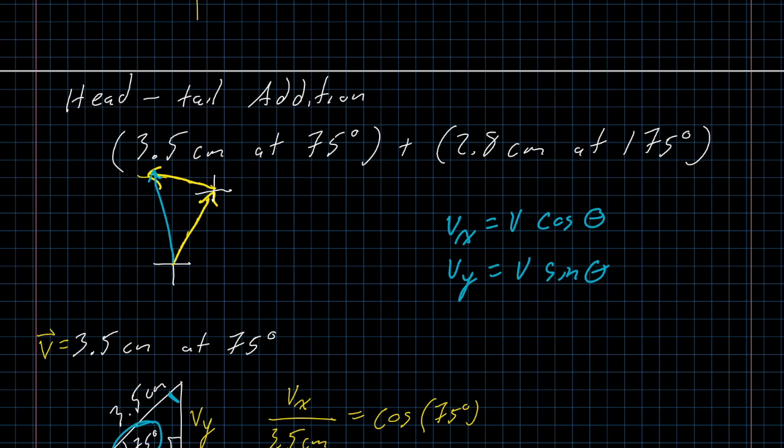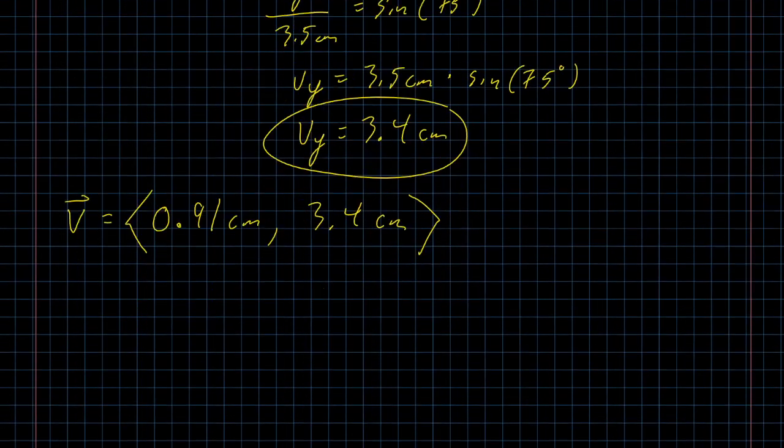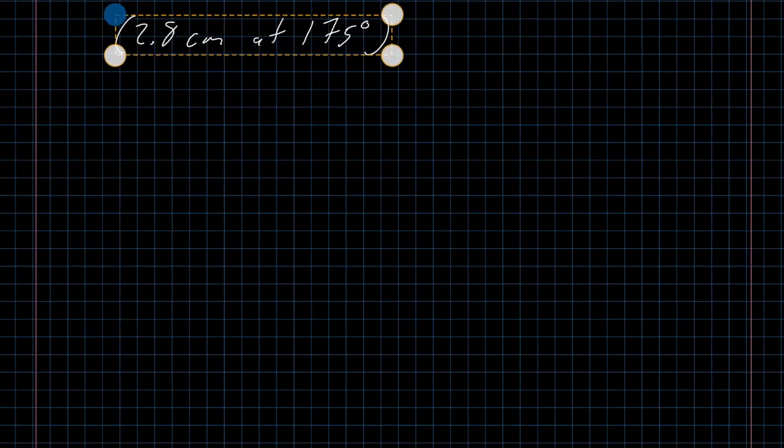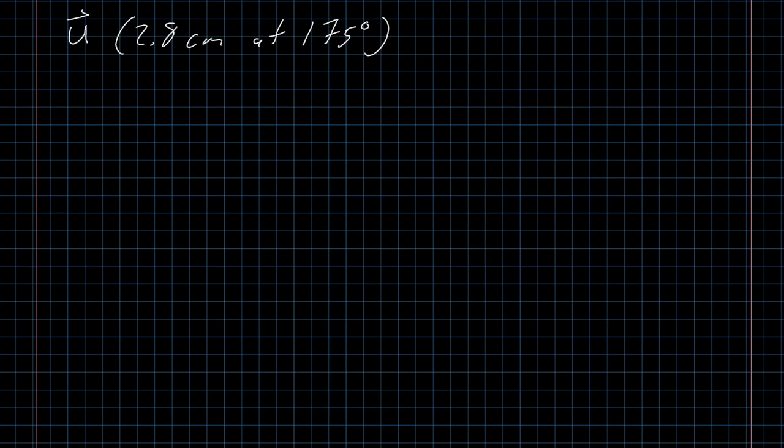Let's go ahead and take a look at this second vector. And just to give it a name, we'll call it vector u. I'm not going to go through the derivation again. It's going to follow the same format because this is an angle given in standard position.